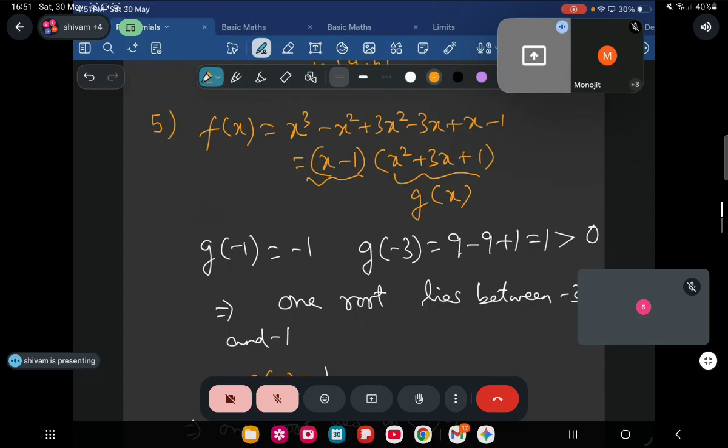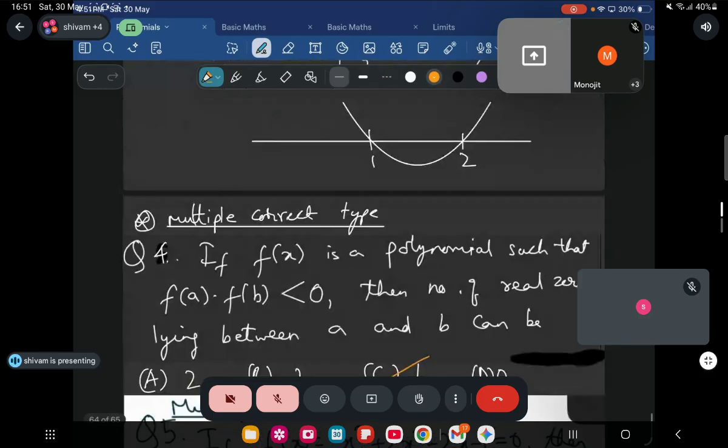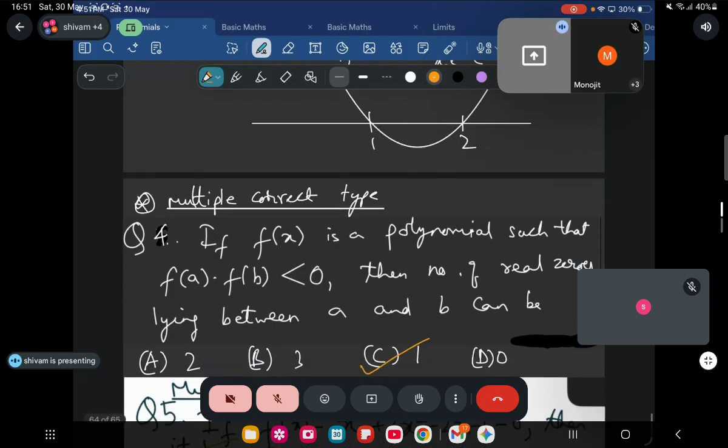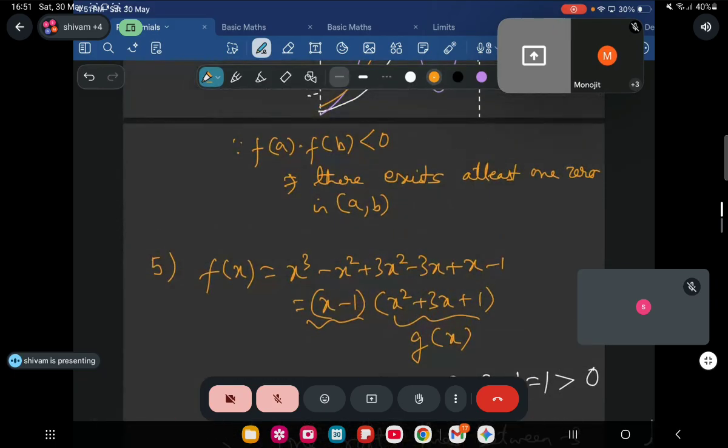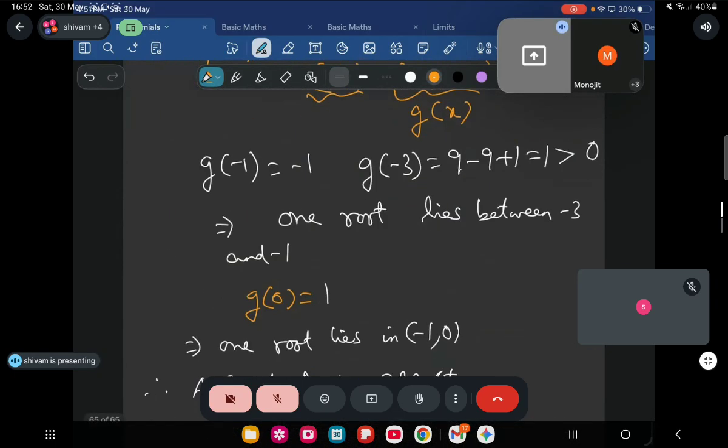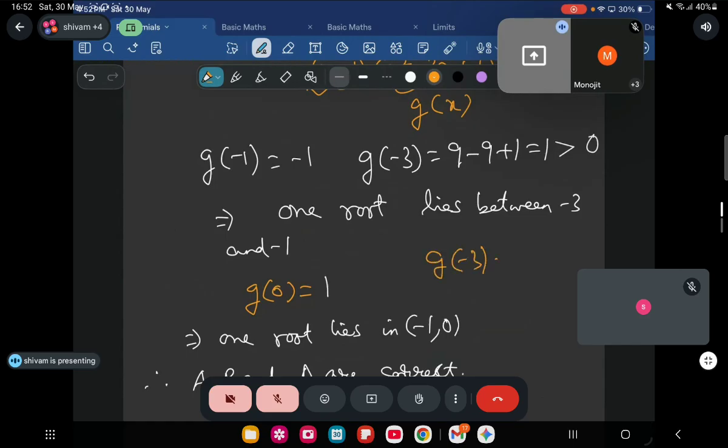-1, right? Negative. So that means at least one root will lie between -3 and -1. Sir, in the previous one, f of x is a polynomial such that f of a into f of b is less than 0. That means at least one root will lie between a and b. So from here, can I say that g of -3 into g of -1 is less than 0?